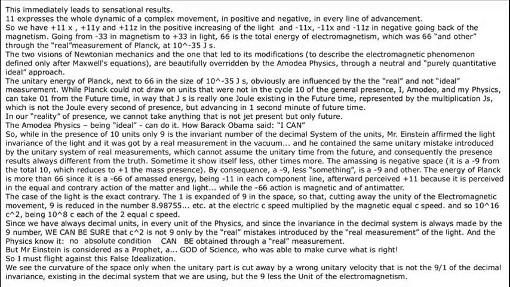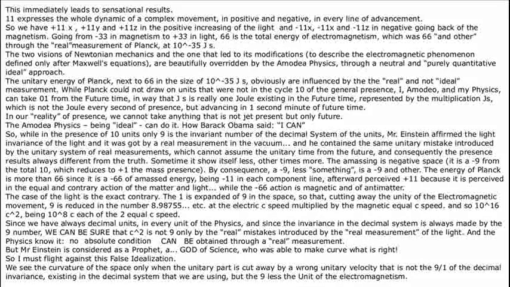11 expresses the whole dynamic of a complex movement in positive and negative in every line of advancement. So we have plus 11x, plus 11y, plus 11z in the positive increasing of the light, and minus 11x, minus 11y, and minus 11z in the negative going back of the magnetism.